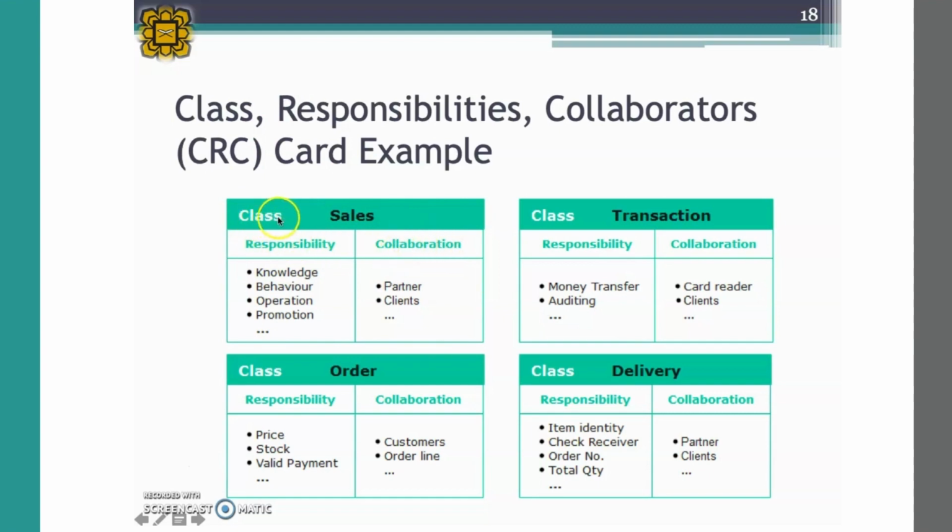That means in this example, the class name is sales, and the responsibility of this class is for knowledge, behavior, operation, and promotion, and it collaborates with partner and also client.